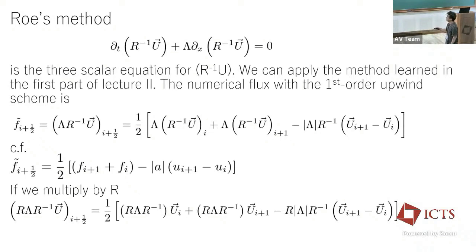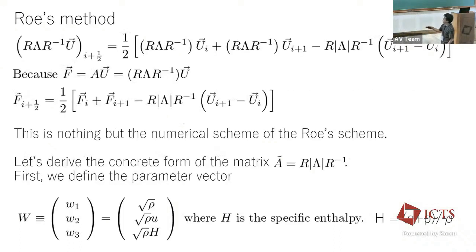Okay, agree? Then I have written this one. So if you multiply the right eigenvector from this equation, you get this one, right? So then R lambda R^-1 U is given by these equations, right?